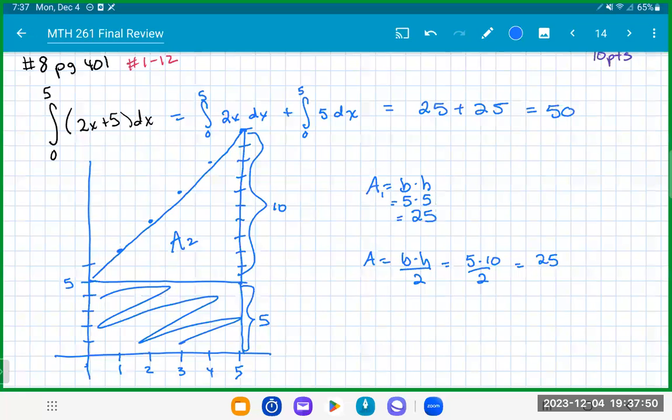But also, if I plug 0 into this equation, the first value I get out is 0. When I plug 5 in, 2 times 5, my value is 10 units high. Did that help? Thank you, Professor. Yep.